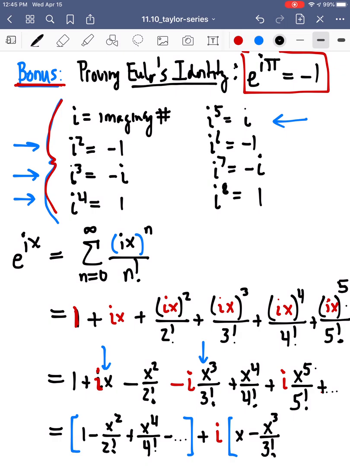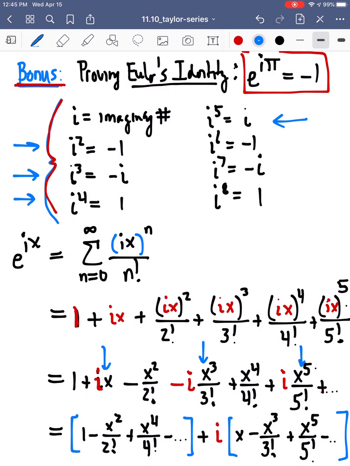The next term after that, we have that plus i x to the fifth over 5 factorial. So pulling that i out in front, we get plus x to the fifth all over 5 factorial. And again, we could keep going on if we had listed more terms. But you see in the second series that we're collecting, this looks like x's only raised to odd powers being divided by the corresponding odd factorial.